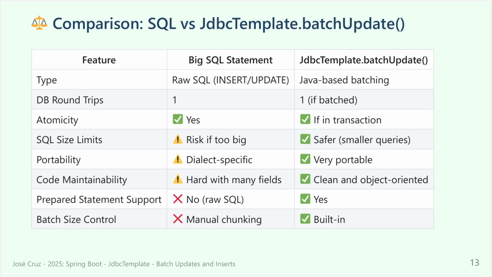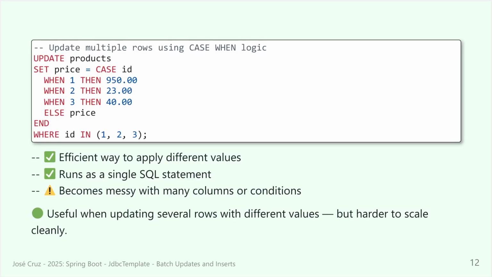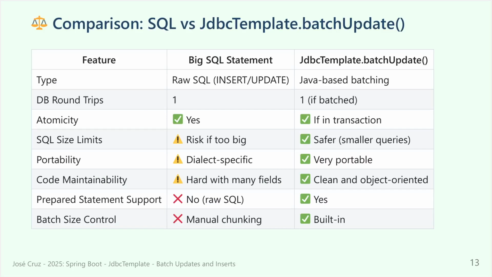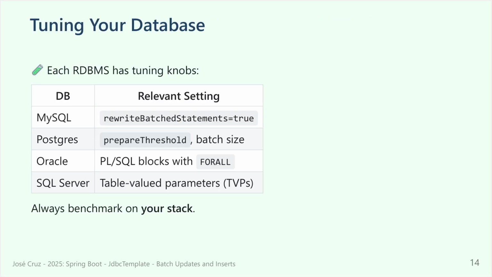But on the other things, you can see JDBC template is safer, more portable, clean, object oriented, and it's already a prepared statement. Here you don't have a prepared statement, just text that will be interpreted by the server. And here you don't have manual chunking, meaning you cannot split the batch unless you do it yourself in Java. Here you can define the size of the batch.